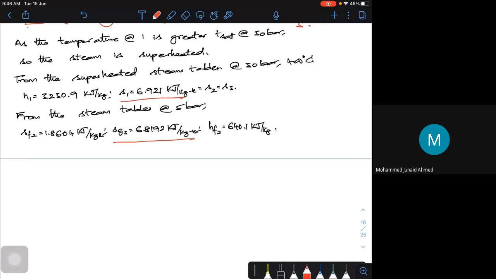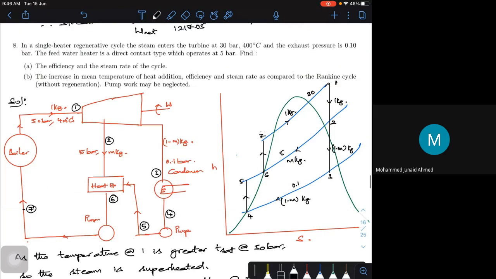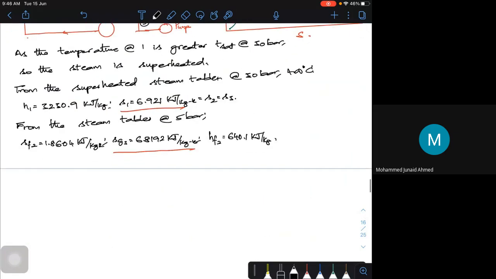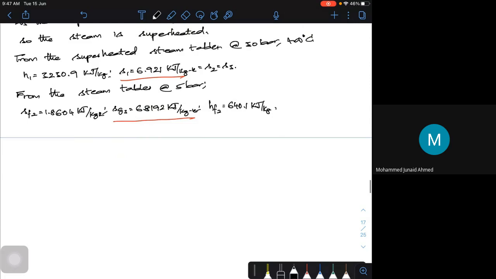As the entropy at 2 is greater than your SG3 at 5 bar saturated condition, the condition of the steam is superheated. To comment that I need your regular steam tables. From the steam tables only I have to comment, then only I have to go to superheated tables. Directly I can't jump in. So let me write that.